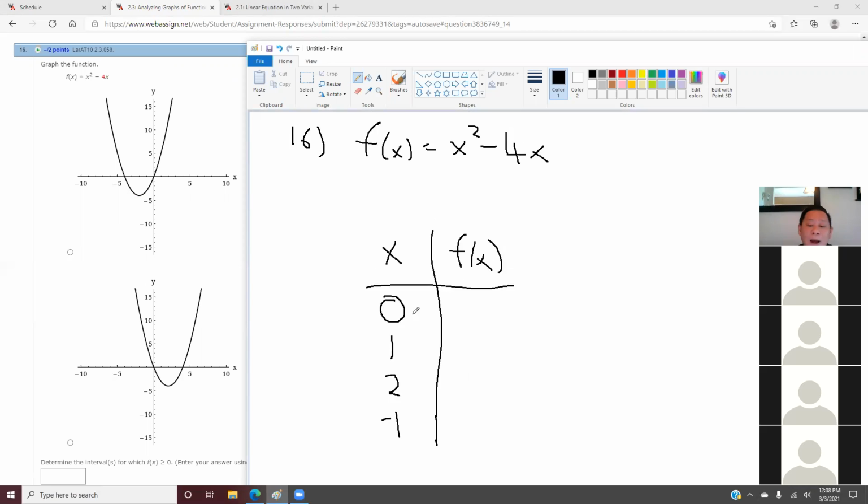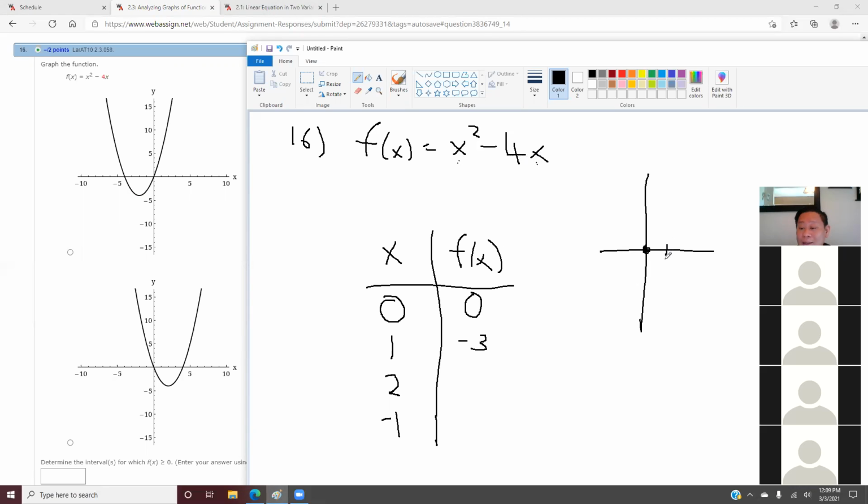So first thing is you plug 0 inside here. What do you get when you plug 0 inside? 0. So that means your graph will have 0, 0. Now plug 1 in here. What do you get? Negative 3.